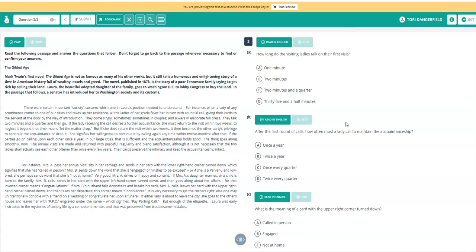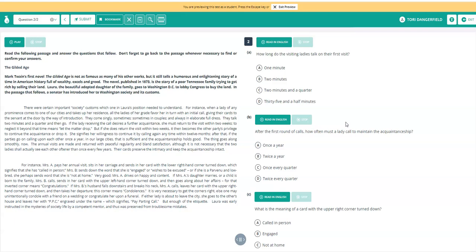Question 2A. How long do the visiting ladies talk on their first visit? A, 1 minute. B, 2 minutes. C, 2 minutes and a quarter. D, 35.5 minutes. Question 2B. After the first round of calls, how often must a lady call to maintain the acquaintanceship? A, once a year. B, twice a year.